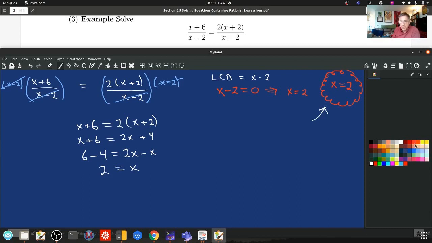These are the values that it cannot be equal to. You can put a little slant through the x is not equal to 2 if you want to do that. So the final conclusion is that there is no solution to this particular problem.